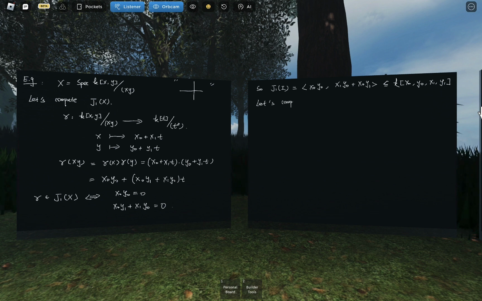Let's compute the irreducible components of J_1 X. And we will notice that this is the same as computing the minimum prime ideals over J_1 I.